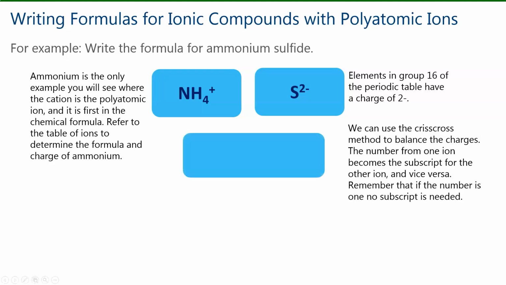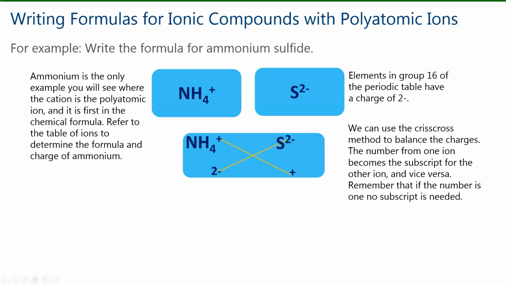So we'll write down our 2 ions. We have NH4 positive and S2 negative. We take the charge on this ion and we move it underneath the other ion. So the positive 1 is going to go underneath sulfide, and the charge of sulfide, which is -2, is going to go underneath ammonium. And now these are going to become the subscripts in the formula. One thing to remember is if the charge is 1, we don't write subscript 1.